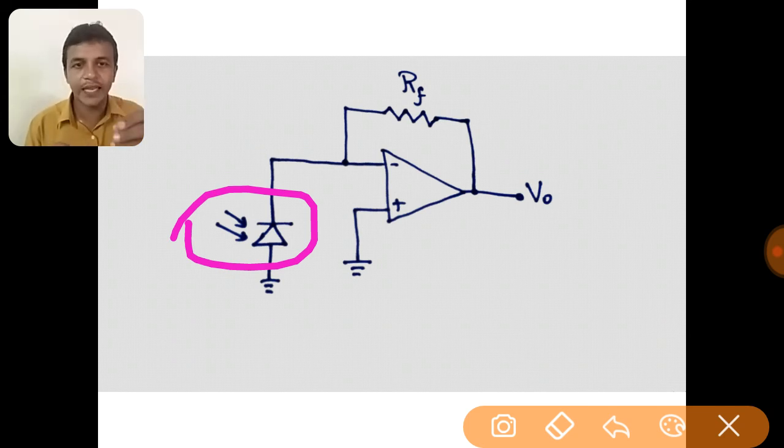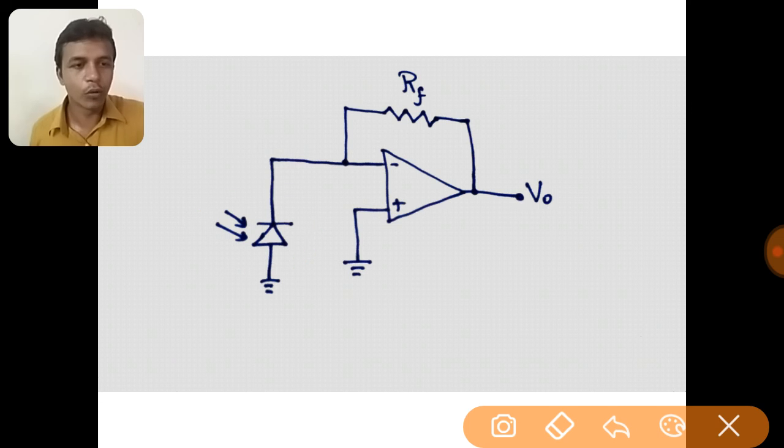The electrons gain energy from the photons, from light. The charged electrons tend to move, and when they cross the junction, they produce current, and that current is given as the input to the current to voltage converter circuit, and in the output we are getting the voltage.